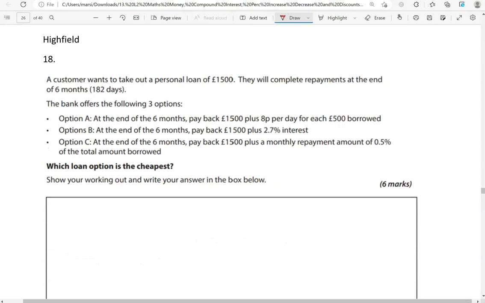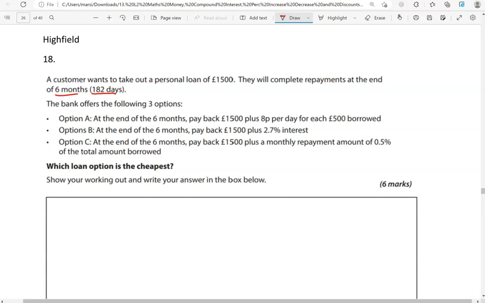A customer wants to take out a personal loan of £1,500. They will complete repayments at the end of 6 months, 182 days. The bank offers the following 3 options. Option A, at the end of the 3 months, pay back £1,500 plus 8p per day for each £1,500 borrowed.